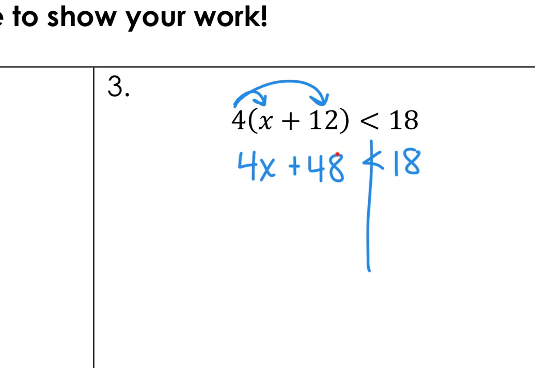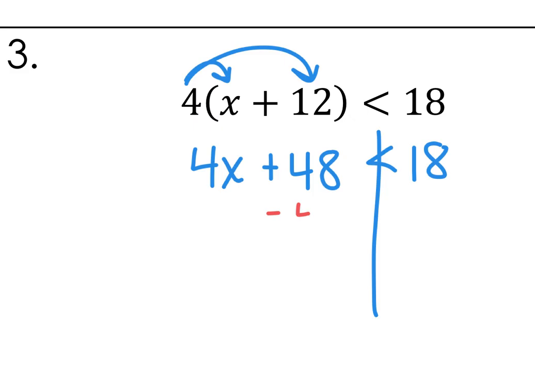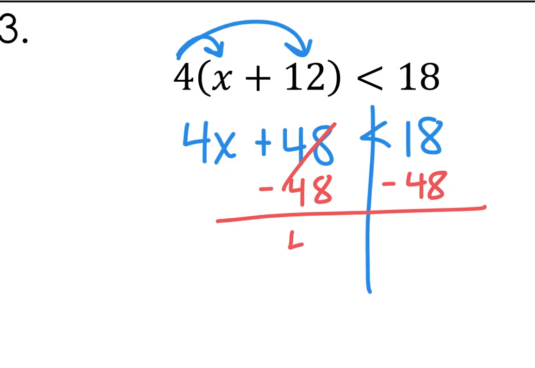Now all I have to do is undo this constant and then undo the coefficient. So since this is a +48, I'm going to subtract 48. 4x is less than 18 minus 48, which is -30.